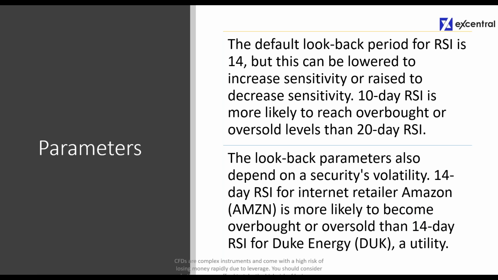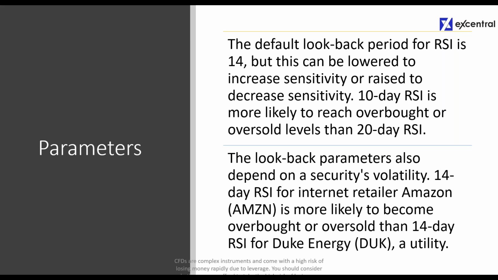But it's important to remember we have overbought and oversold, but we also have this oscillator moving between these numbers. Now, this oscillator will have more volatility for Amazon, which is an active, fast moving stock, than say Duke Energy, which is a much slower moving asset.